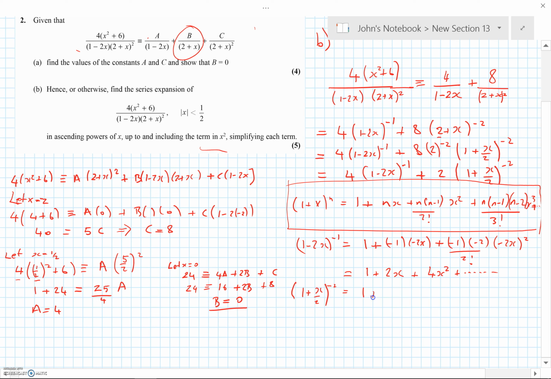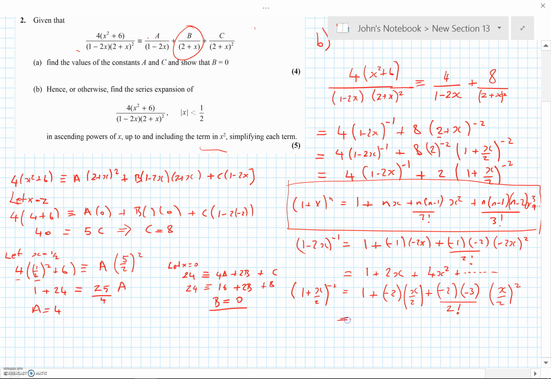So plus minus 2 times x over 2, first term, plus minus 2 and minus 3, minus 2 take away 1 is minus 3, over 2 factorial, x over 2 squared.